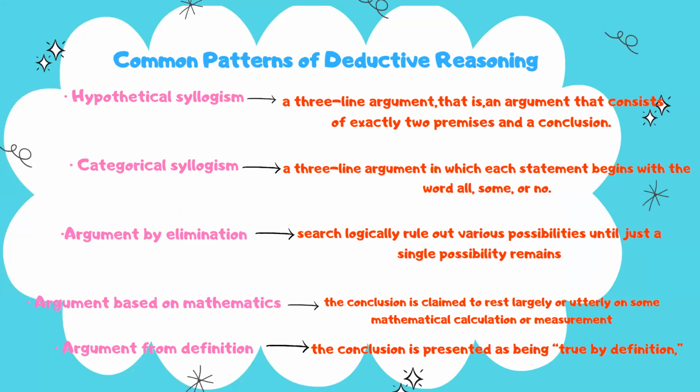Let's move on. On this page, there are common patterns of deductive reasoning. The first one is hypothetical syllogism, a three-line argument that consists of exactly two premises and a conclusion.